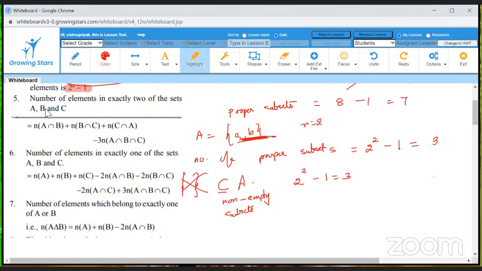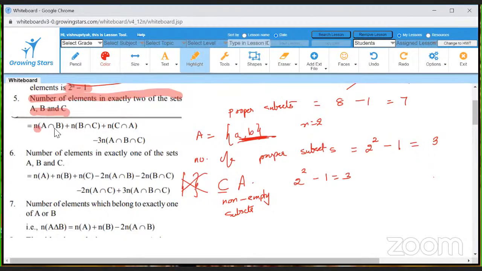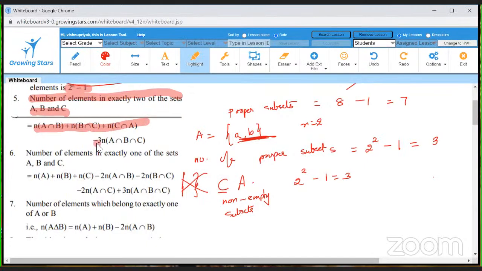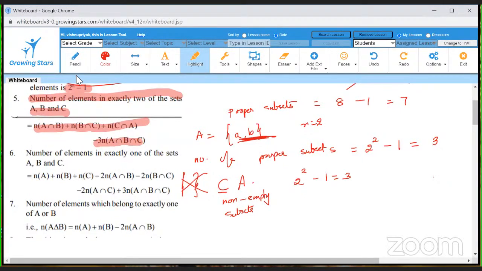Okay. So the number of elements in exactly 2 of the sets: number of elements in A intersection B plus B intersection C plus C intersection A minus 3 into number of elements in A intersection B intersection C.